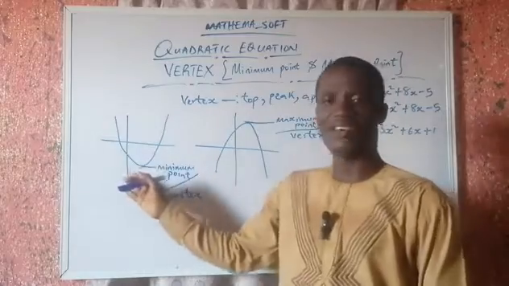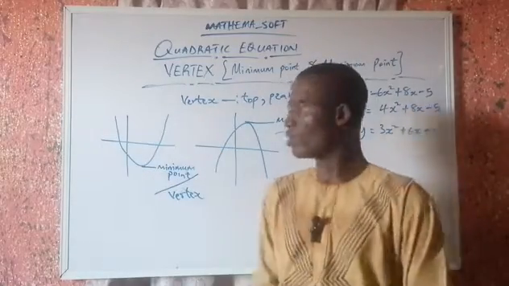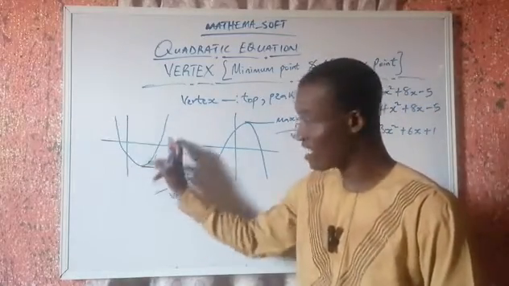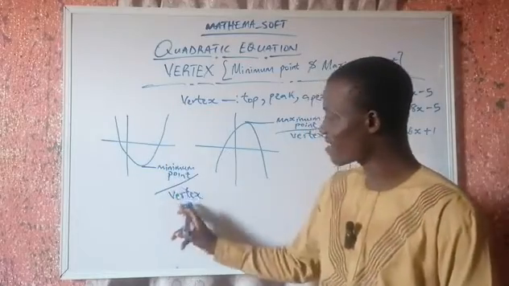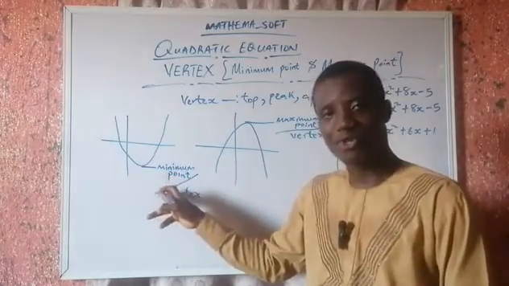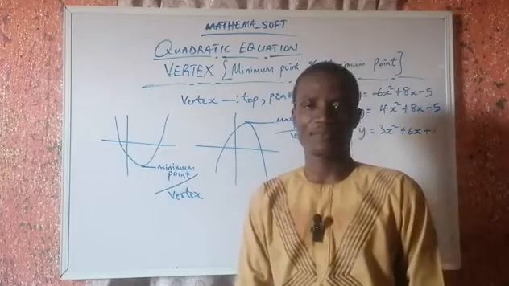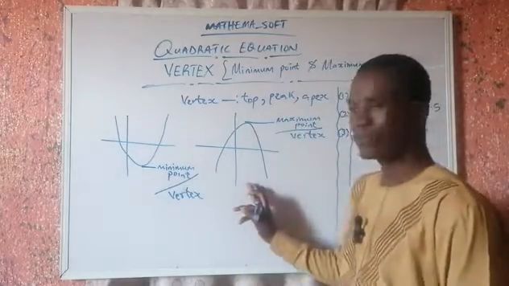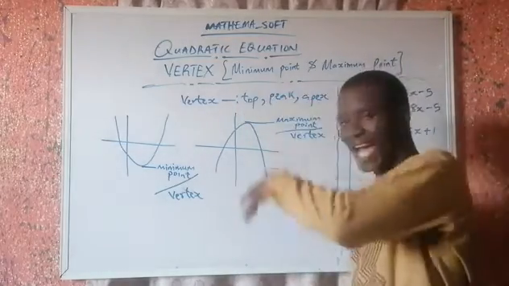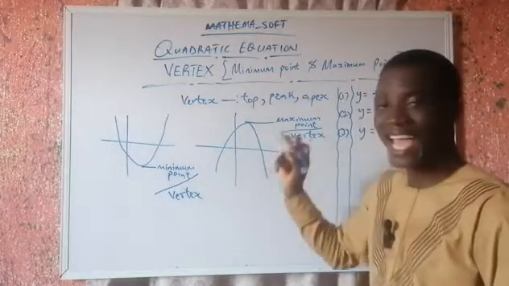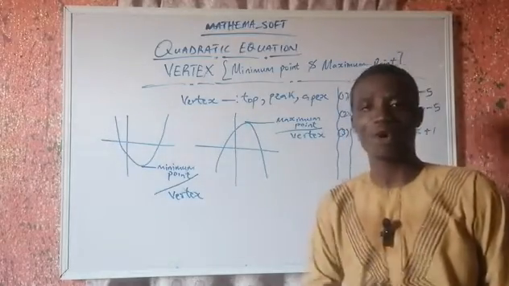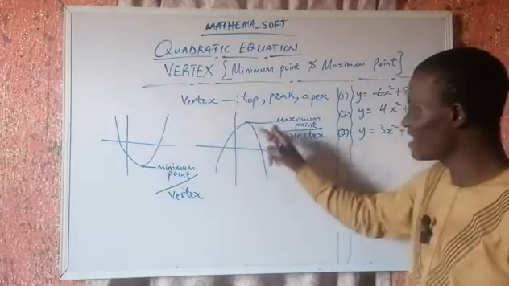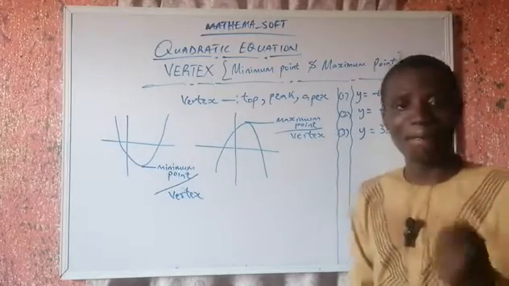In the case of the graph opening up such that we have a U shape, the vertex is otherwise known as the minimum point. In the case of the graph opening down such that we have an N-shaped quadratic curve, the vertex in this case is otherwise known as the maximum point.